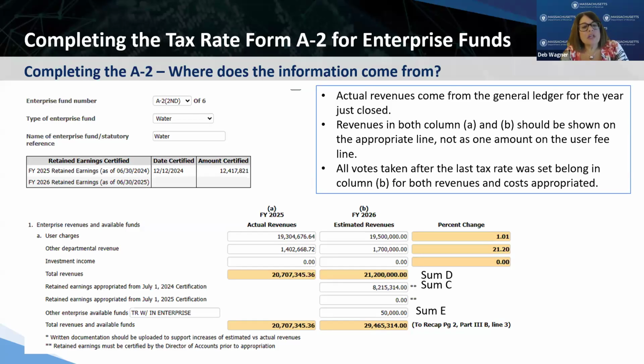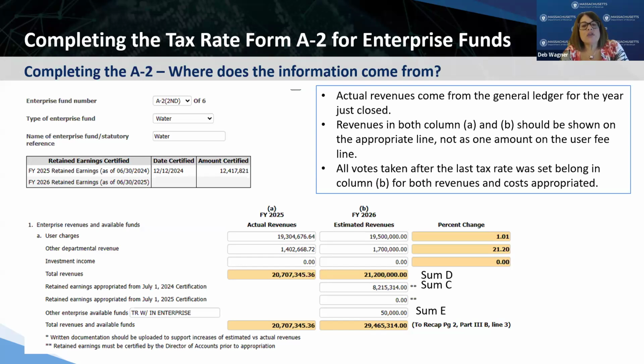And then the next thing we see is that $50,000 of a transfer within the enterprise fund. So that's going to go on the other enterprise fund available funds line. And the total cost, total revenues and available funds come to $29,465,314.